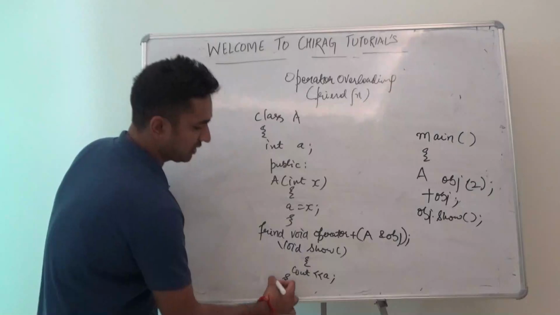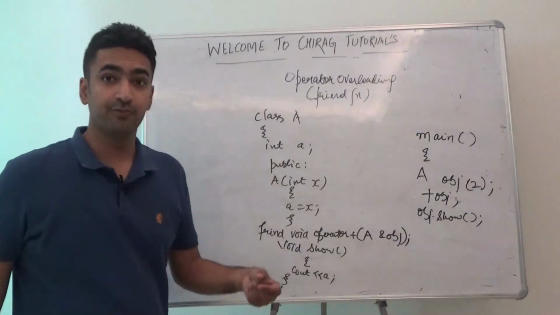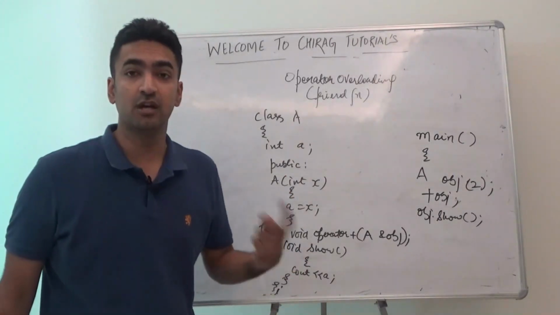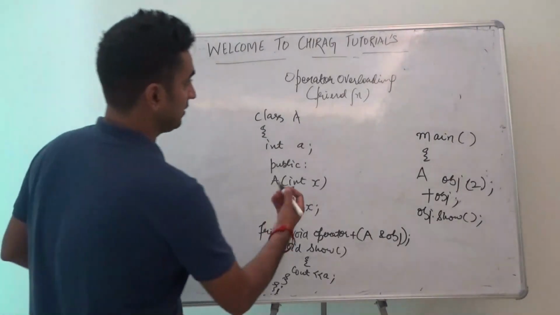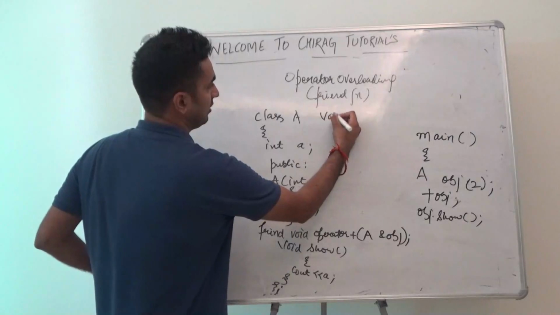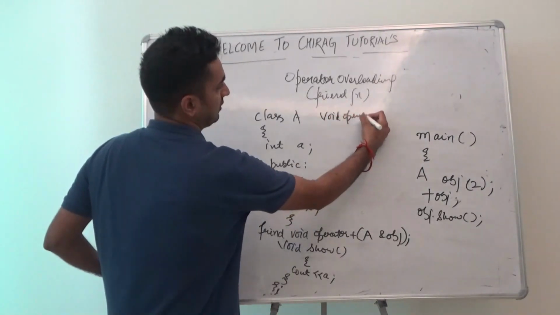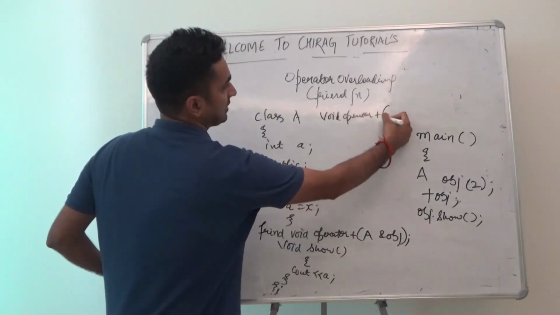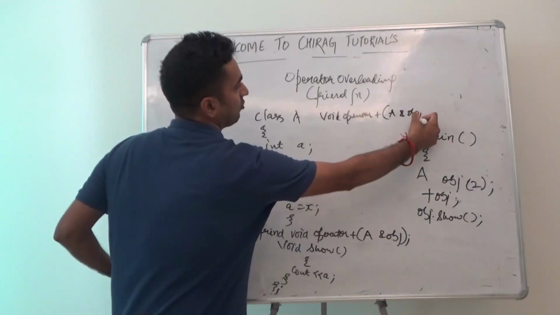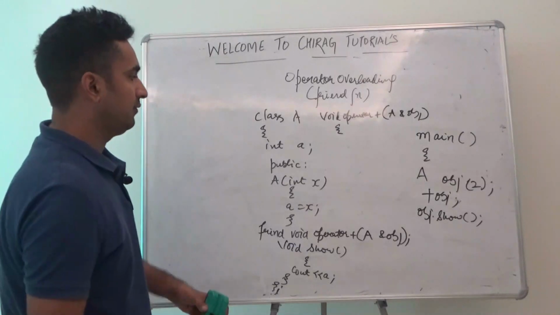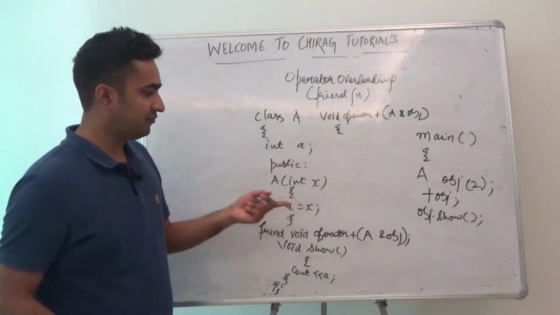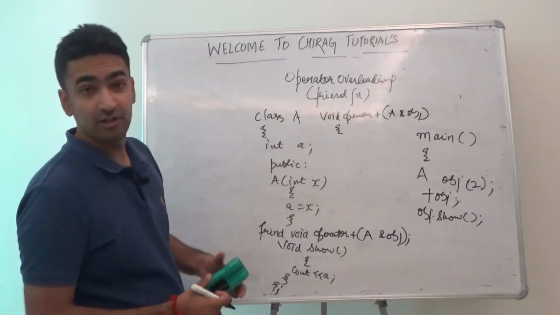So the class is closed, guys. I have to apply the friend function outside the class, defined outside the class. So what we'll do is we'll create void operator plus A address of obj. So what we have to do, we can access the value of this and we can increment the value accordingly.